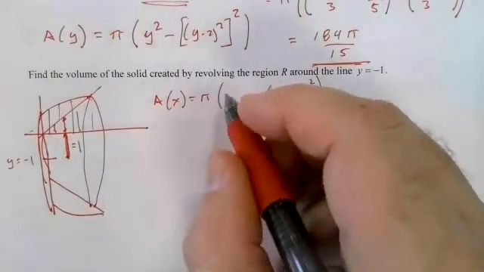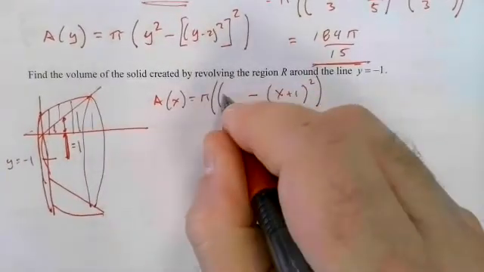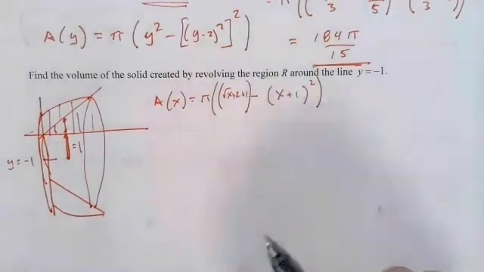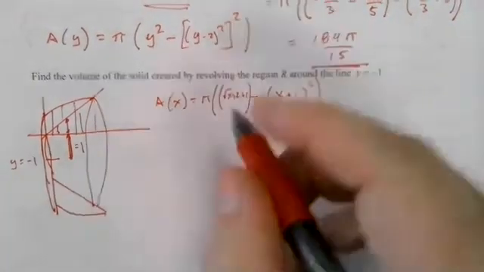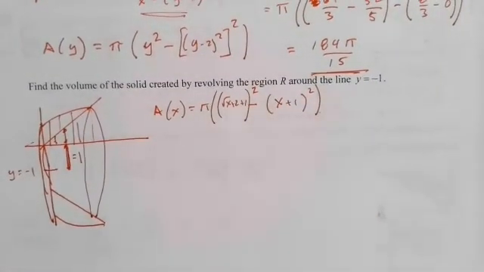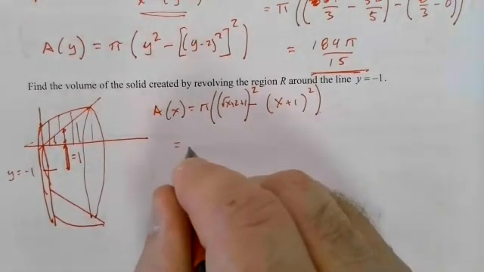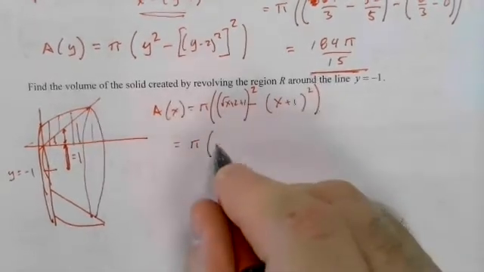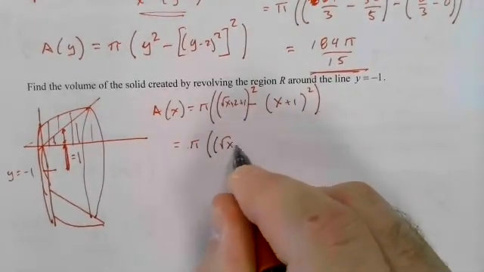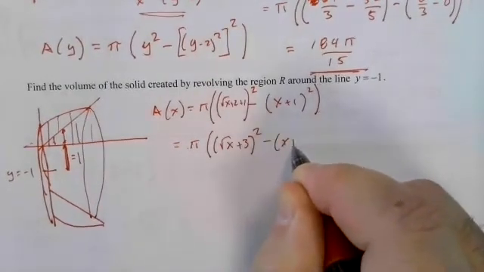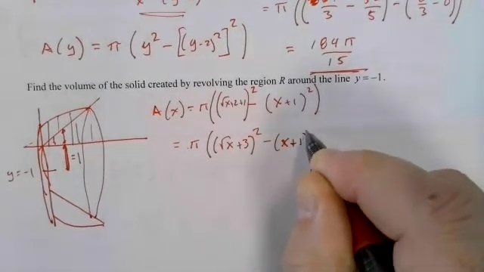I didn't leave enough room. Root x plus 2 plus 1 squared. Wow, I hope I did that right. Hey, I did it right. Wow, that's shocking. Equals pi times root x plus 3 squared minus x plus 1 squared.